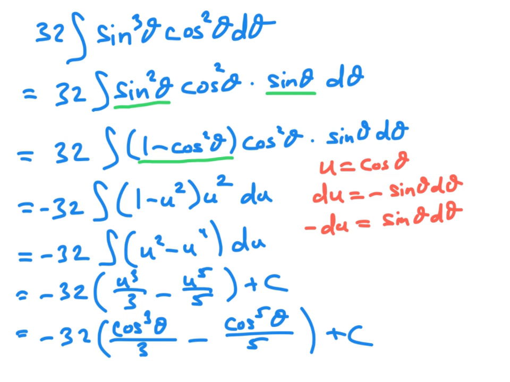We integrate each term using the power rule to get u cubed over 3 minus u to the fifth over 5. And finally, we go back to theta by replacing u with cosine theta, giving us negative 32 times the quantity cosine cubed of theta over 3 minus cosine to the fifth of theta over 5, all plus c.